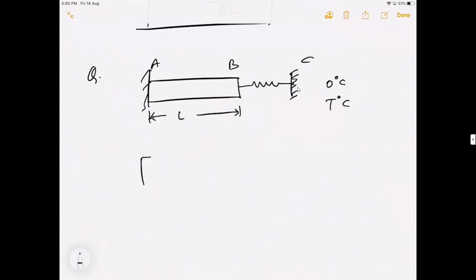If you see the free body diagram, if I cut from here, this is my spring force Fs.